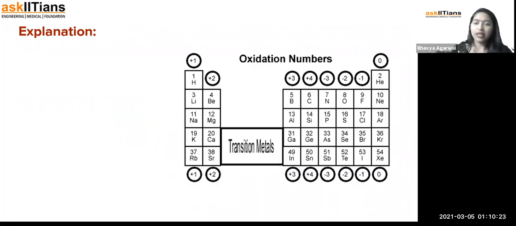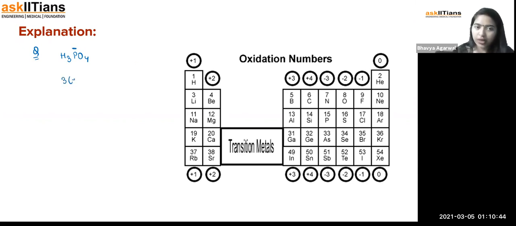If yes, then can you quickly find out the oxidation state of phosphorus in this molecule? Considering that H will be +1, O is -2, your answer will be +5.